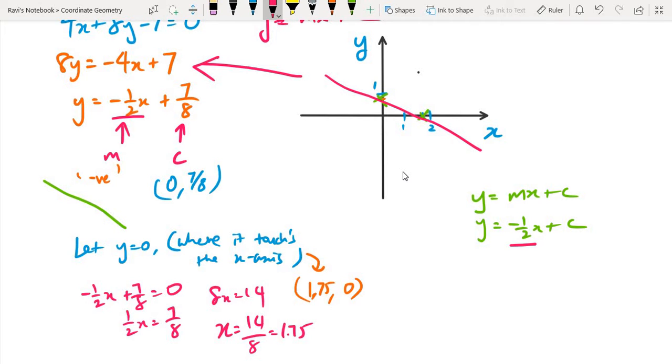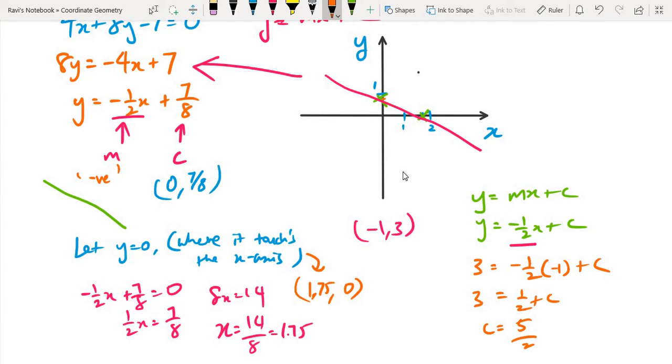We also know that it passes through the point (-1, 3). So all we need to do now is substitute these x and y values into this equation to find c. So 3 equals negative half times negative 1 plus c, which is half plus c, and c is 5 over 2.